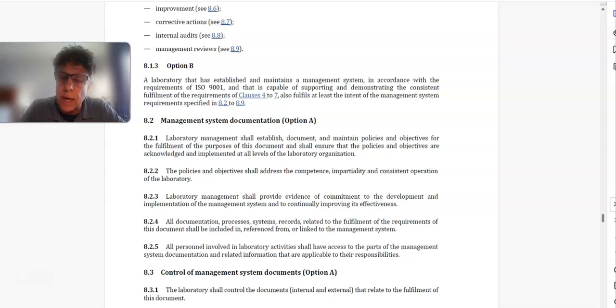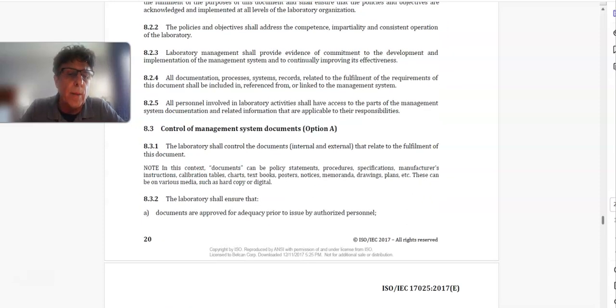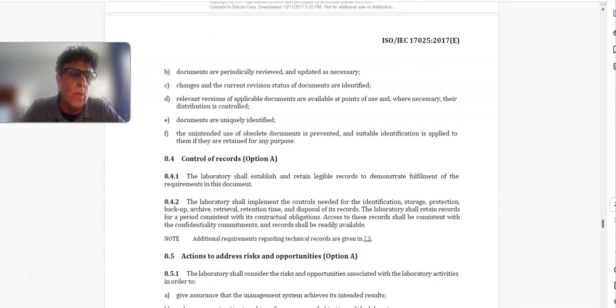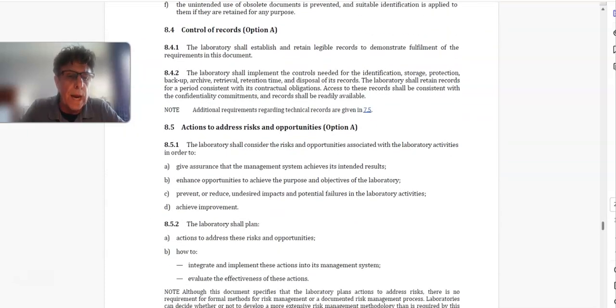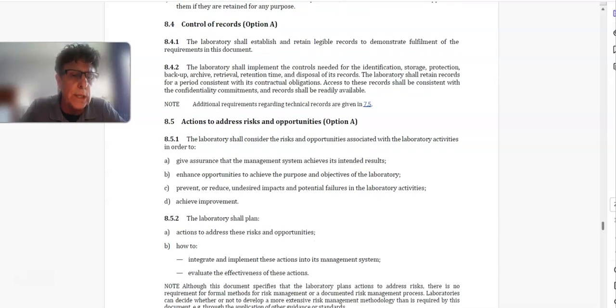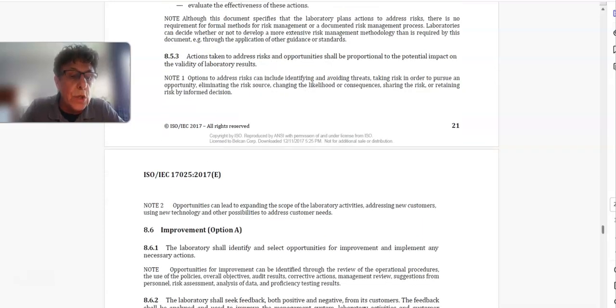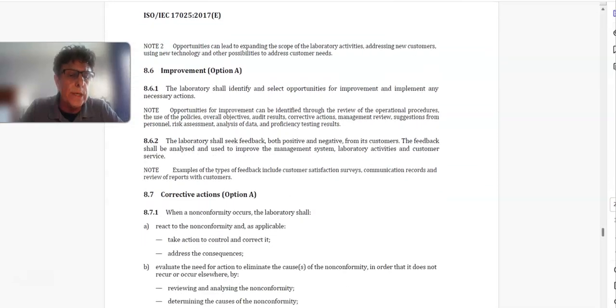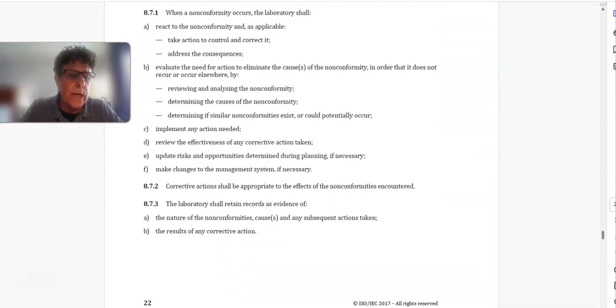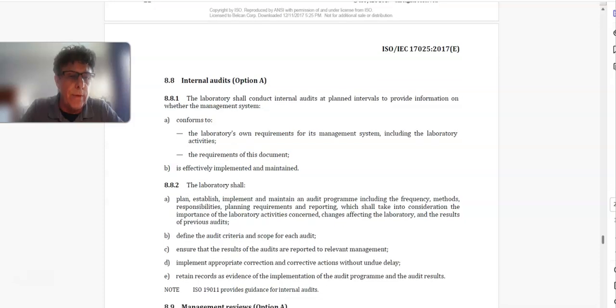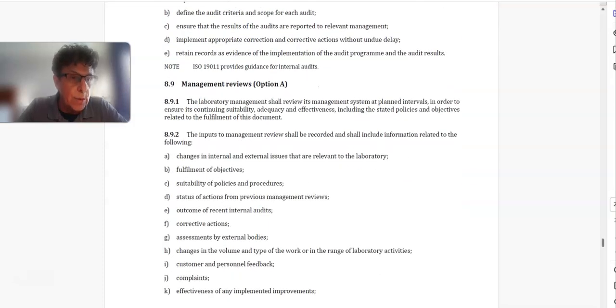And then section 8.3 for management system documents, or in other words, document control. And then you get into section 8.4, which is control of records, 8.5, which is actions to address risks and opportunities, 8.6, which is improvement, 8.7, corrective action, 8.8, internal audits, and then finally 8.9, management review.